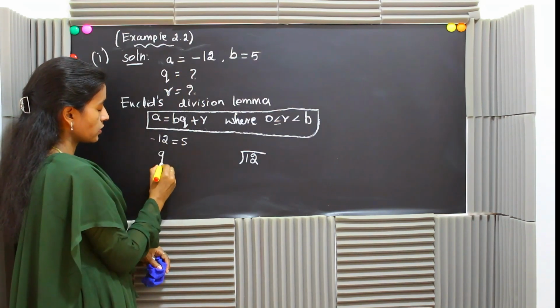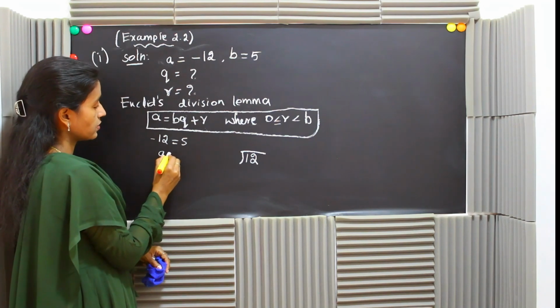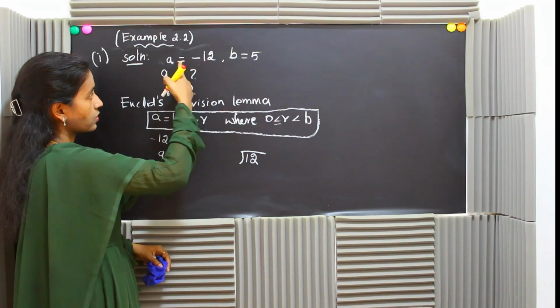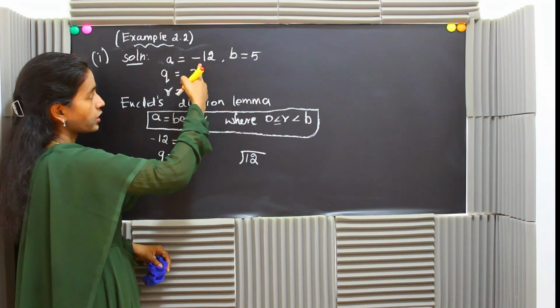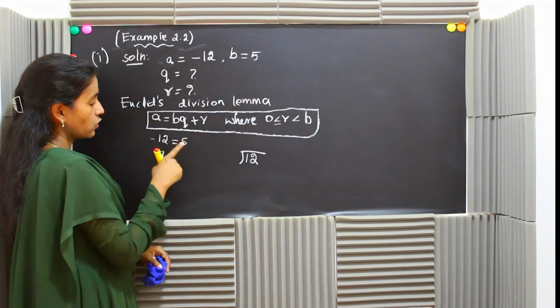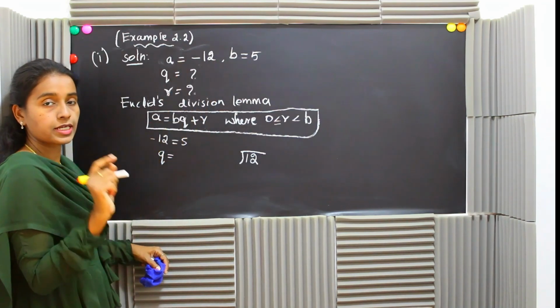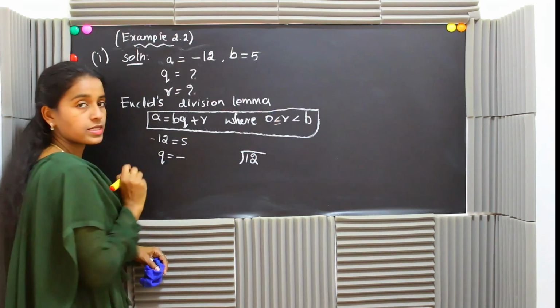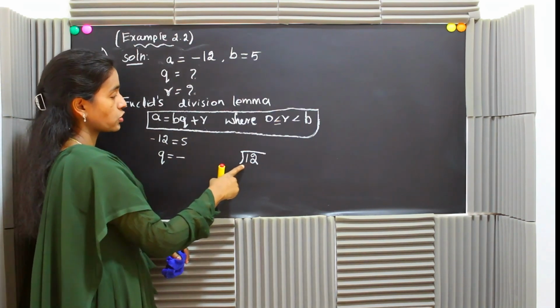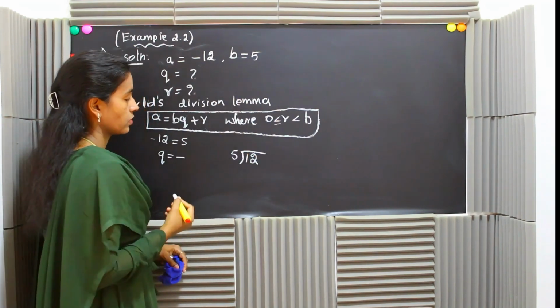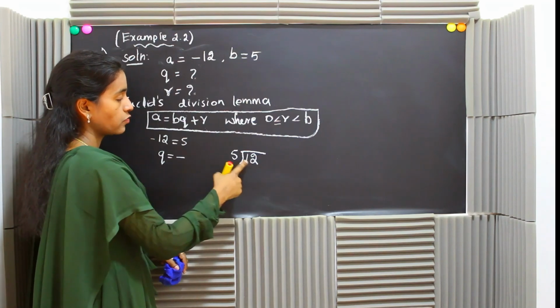So the quotient, as I said earlier, if you have one negative number and one positive number as A and B, you will be getting a negative number as quotient. So I can put minus here. Now I am going to divide 12 by 5.